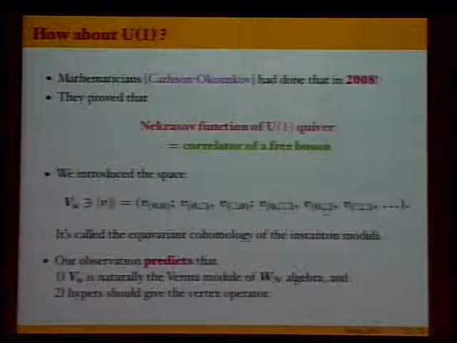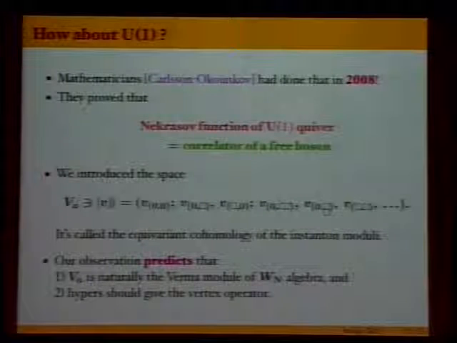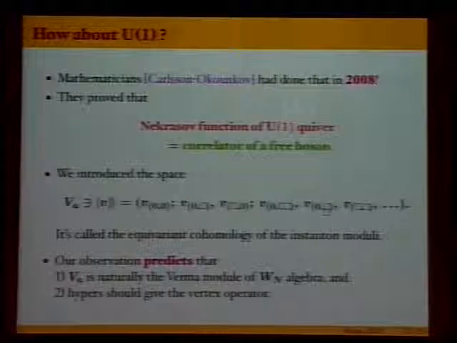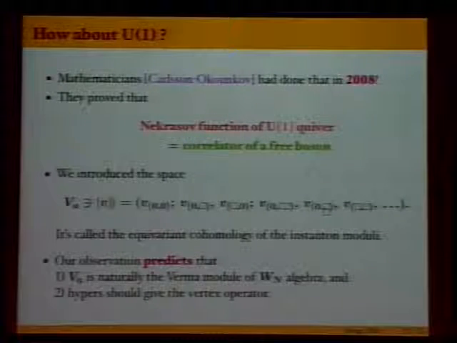And you can think of a free boson as the W_1 algebra, so that reduces to this in their case. And the hypermultiplets should give the vertex operator. So in a sense, we just accidentally found a nice way to generalize what they had shown already in 2008.